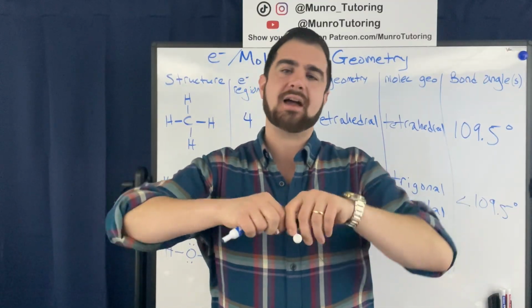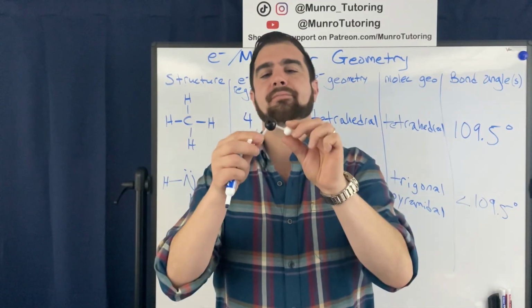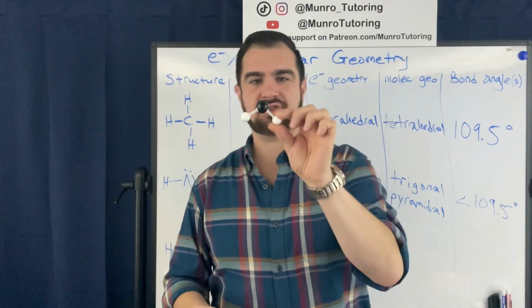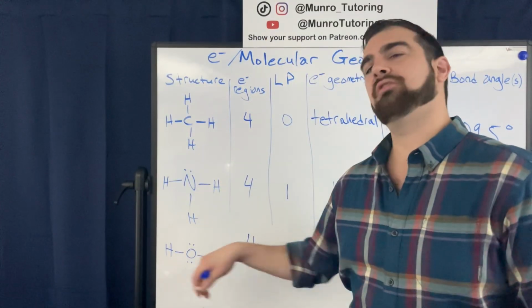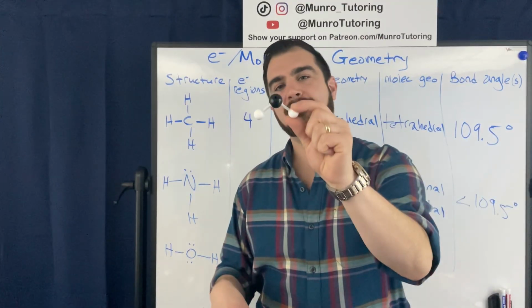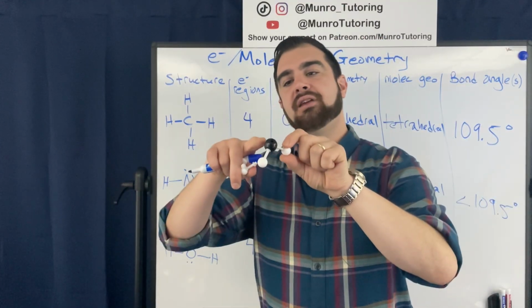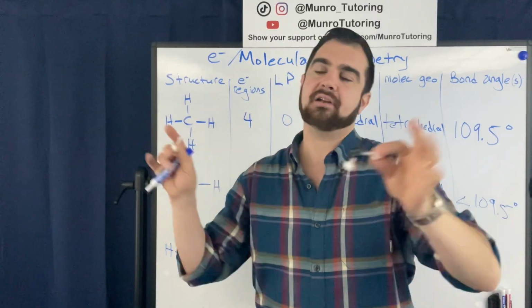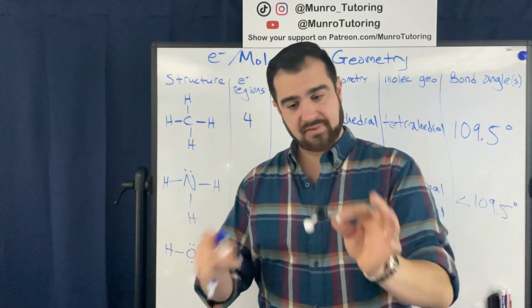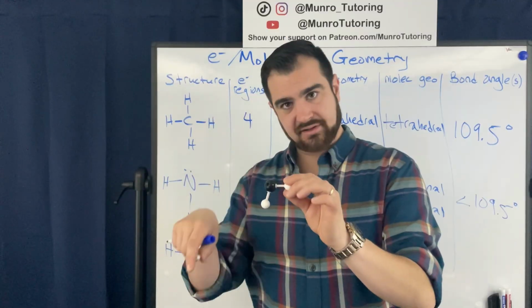And so if we pull these out, look at what shape we get. We end up with a bent structure. You have an angle. It's not going to be linear like we draw it on the page. It's going to have this type of shape because the other 2 lone pairs are taking up physical space, or they're repelling the atoms out of those areas.